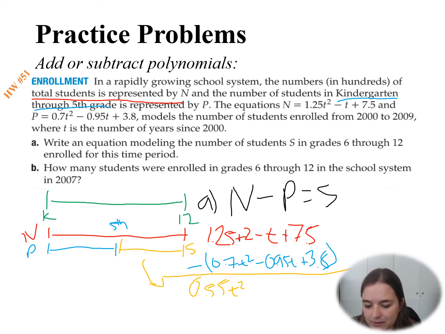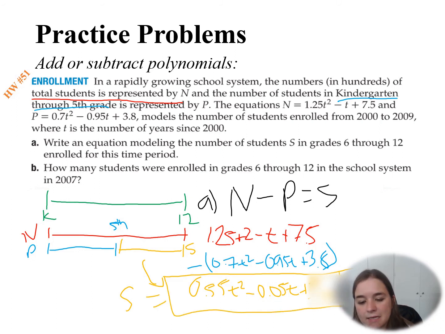So that leaves me with a negative 0.05 t. And then I have 7.5 minus 3.8, which gives me 3.5. And at this point, I'm done. This equation, this is what S equals, because there's no more like terms that I can put together. So now the equation that models S is represented by this yellow box here.